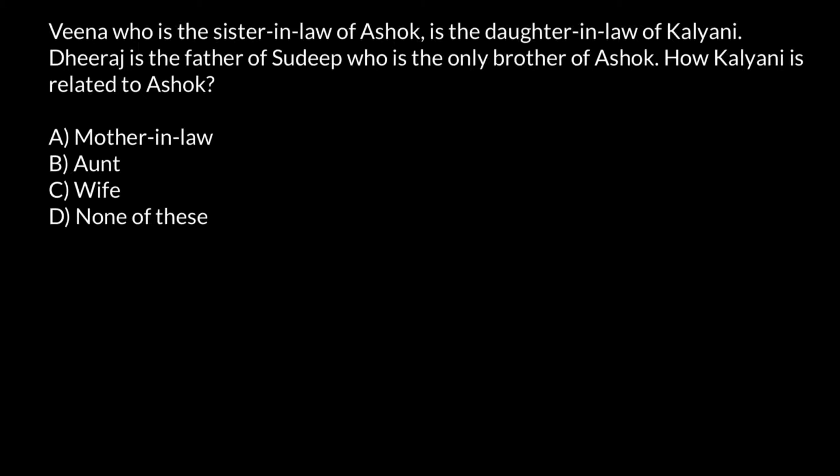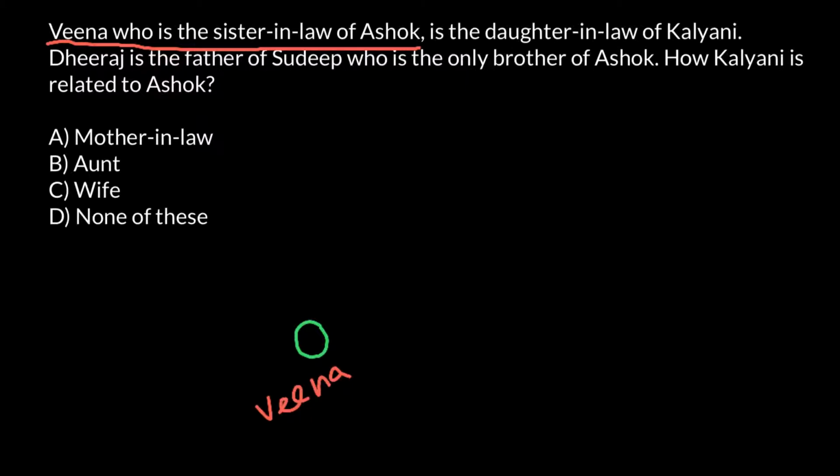Now let's build a second variant of the pedigree of this family. So this time we have a circle here, and this is going to be Veena. Again, Veena, who is the sister-in-law of Ashok.